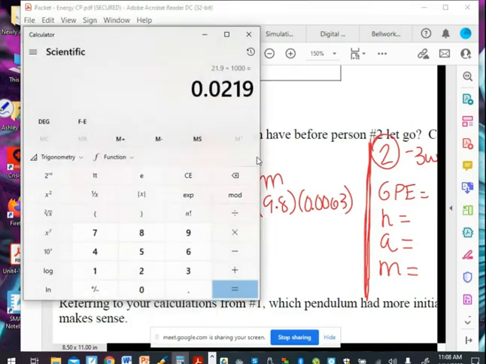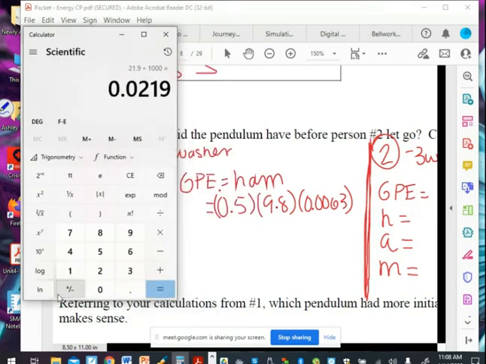So I would need to take 0.5 times 9.8. Again, everybody will have that. And then whatever you have for your mass, 0.0063 for me. So you're going to get a small number, and I'll discuss why that's going to be true in a moment.